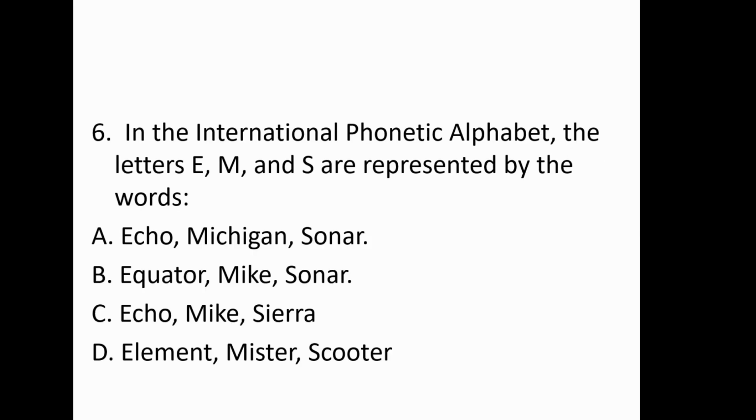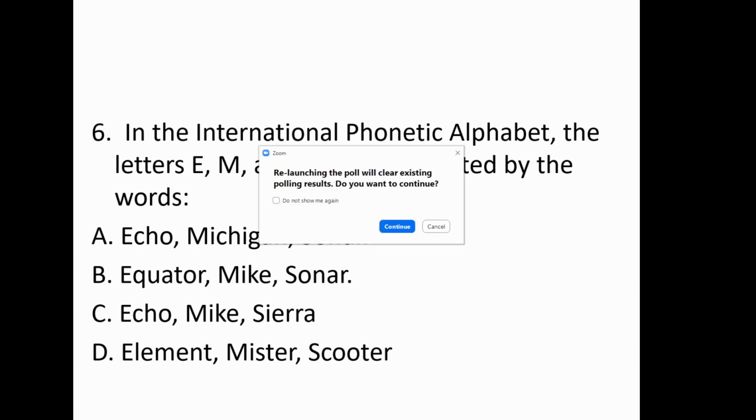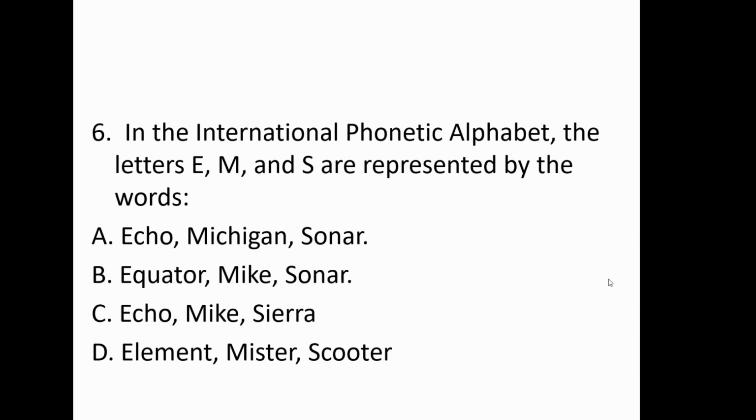The International Phonetic Alphabet, the letters E, M, and S are represented by what words? A, Echo, Michigan, Sonar, which, being from Michigan, I know that that is not correct.